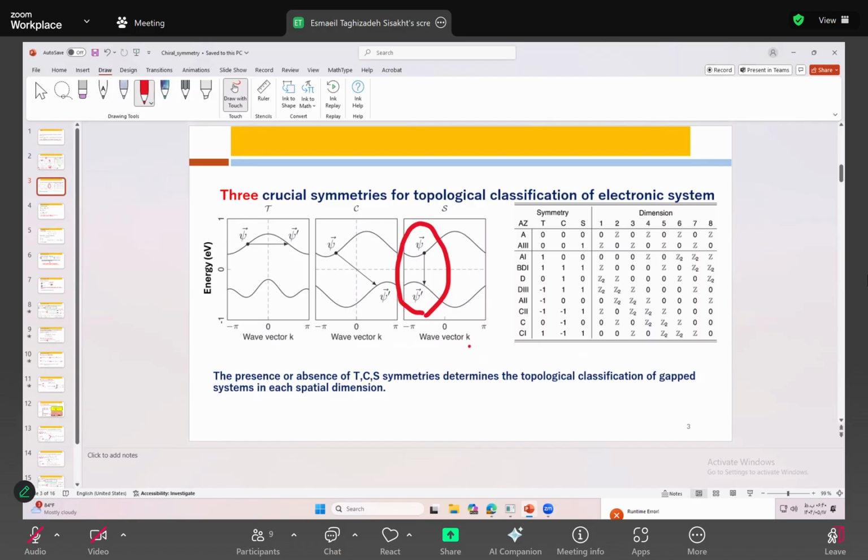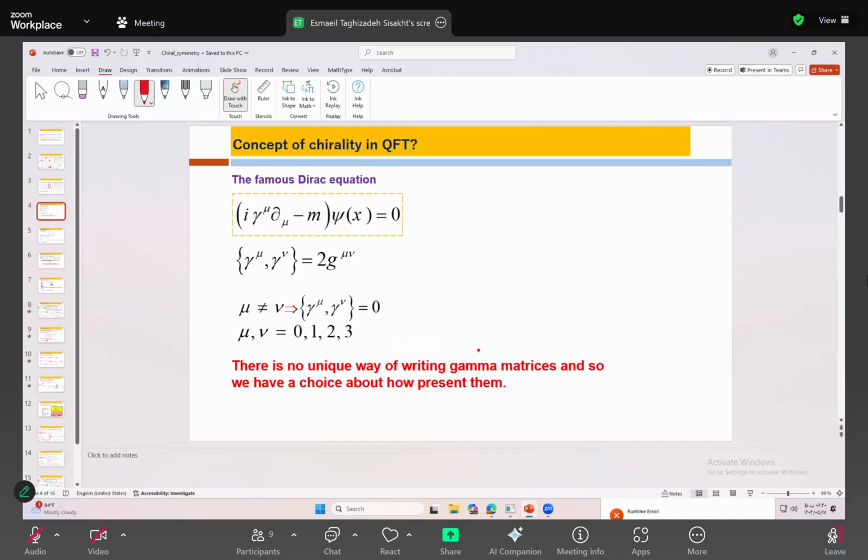Okay, before going ahead and focusing on the solid state systems, I mean the SSH model and the Graphene model, I would like to first give some information about the concept of chiral symmetry that I mentioned, in the context of particle physics.